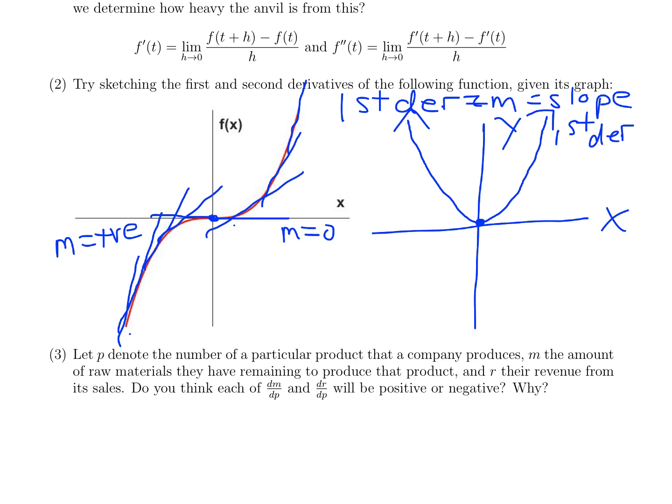Okay? So now if we consider what happens when we're doing the second derivative, the second derivative is the derivative of the first derivative, right? So the slope of the slope, in other words. And so what we're looking at here is that all of the tangent lines here, here, here, and so on are decreasing until they get to 0, and then they're increasing.